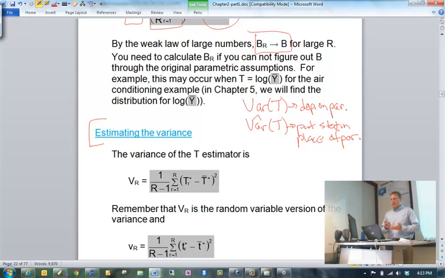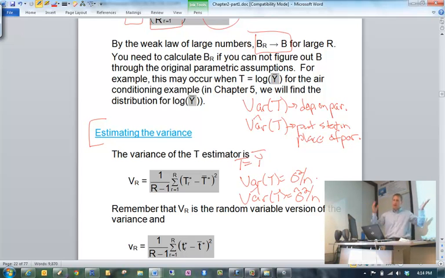So for example, I often use this because it's an easy thing. Suppose T was the sample mean, so let's say it's y bar. If I want to find the variance of T, of course, that's sigma squared divided by n. And then the variance hat of T is sigma hat squared divided by n, or say s squared divided by n, whatever notation you want.